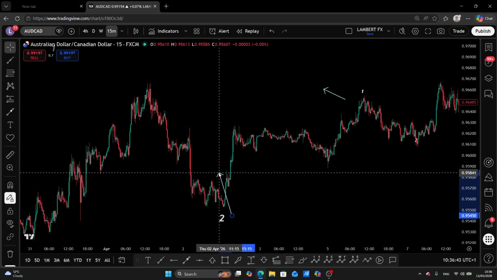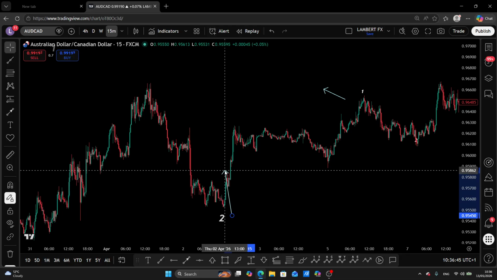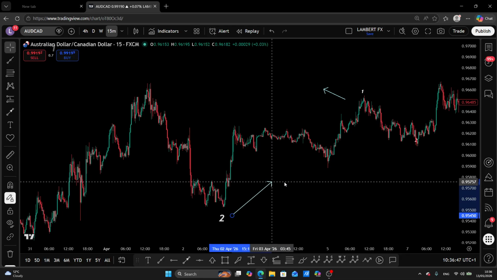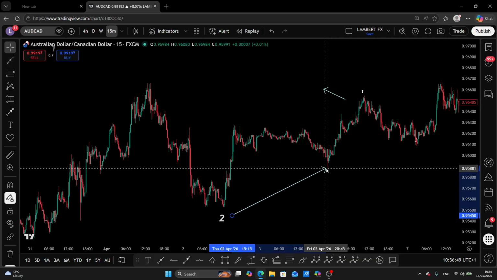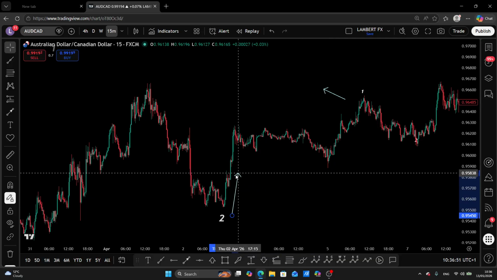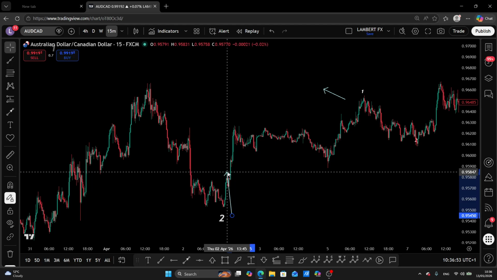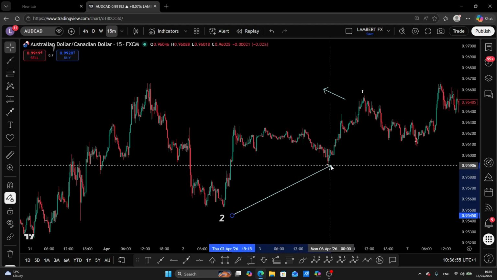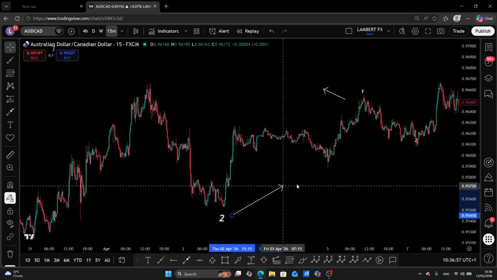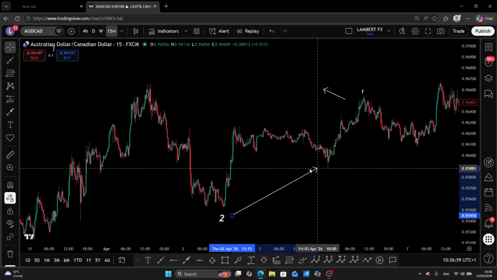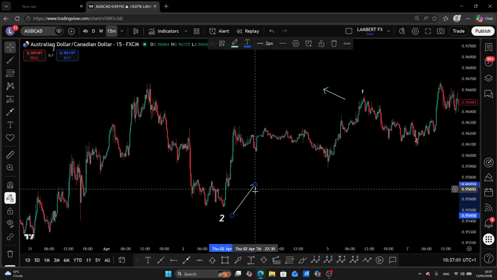If you plot this where the 1 ended, you would see that our 4 did not trade above our 1. That's the rule. So this is our 4 on the lower time frame. Let's do the labeling right now so we are on the same page.